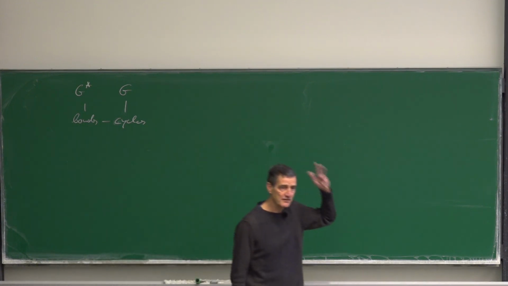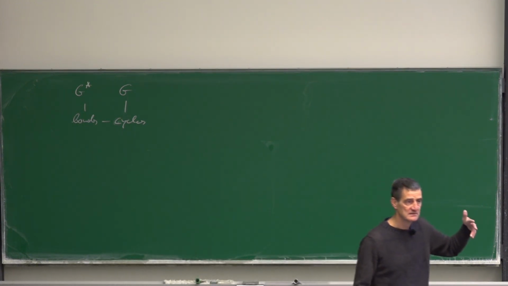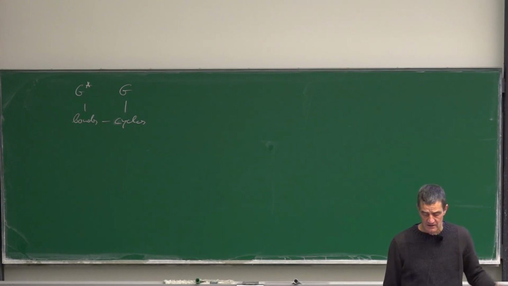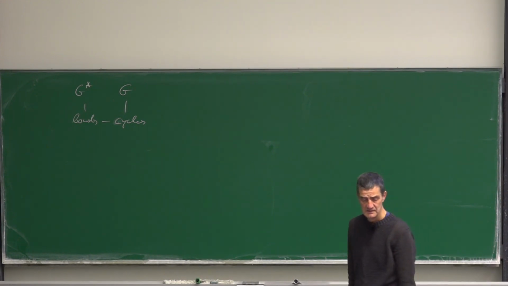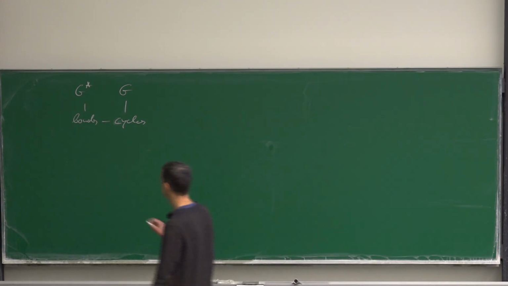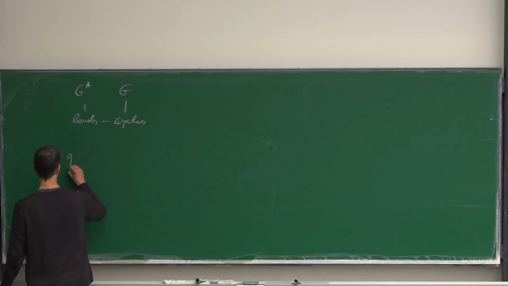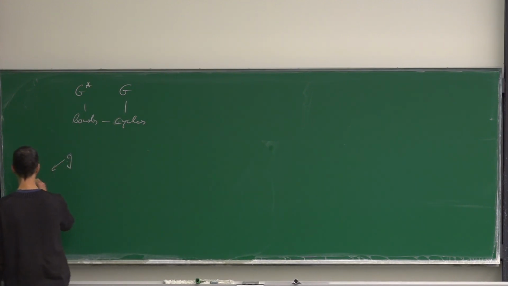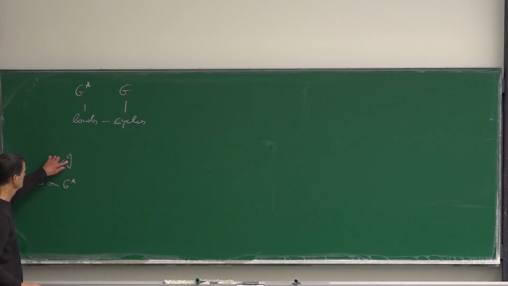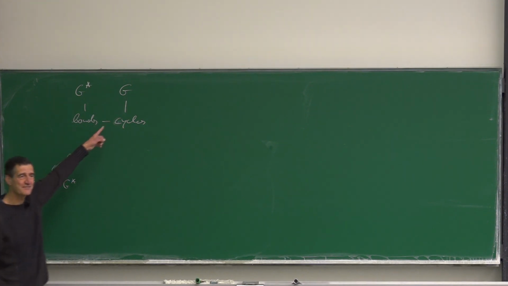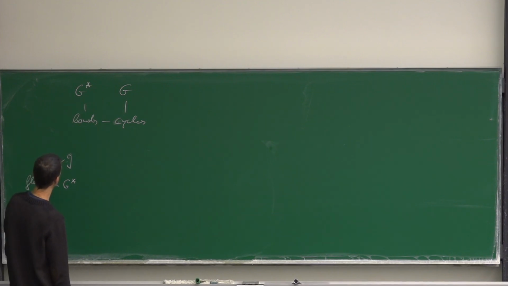So consider a flow on G star and call it little g. I call it little g because the little f's are going to be things on G, on the edges of G, later.